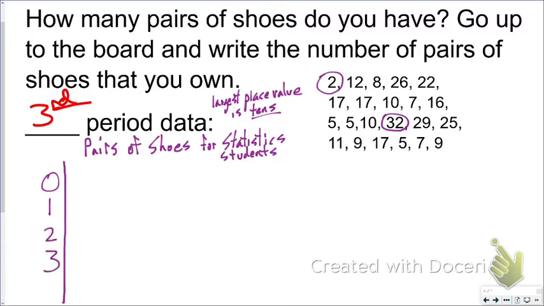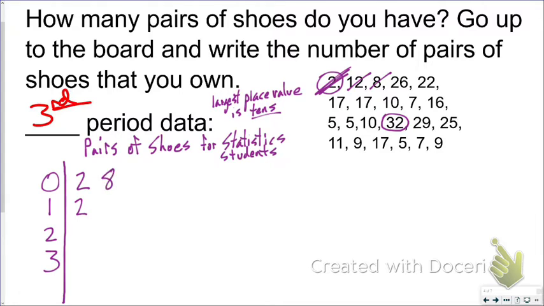From there, it gets pretty easy, although some people get weirded out when we get multiples in one stem. For that 2, I cross it out and I write a 2 next to the 0. For the 12, I cross it out and I write a 2 next to the 1. Still not looking that weird yet. For the 8, I write an 8 next to the 2 up top.